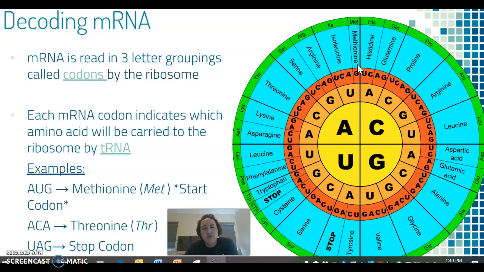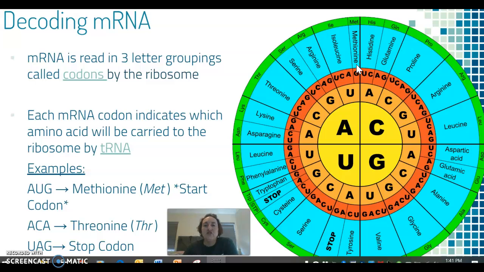If you're not sure what the abbreviations are, you can always look them up. But methionine is what we call the start codon. The start codon is the beginning of every single protein. There could be other amino acids in front of that start codon, but the ribosome doesn't start reading until it sees that MET, or methionine.